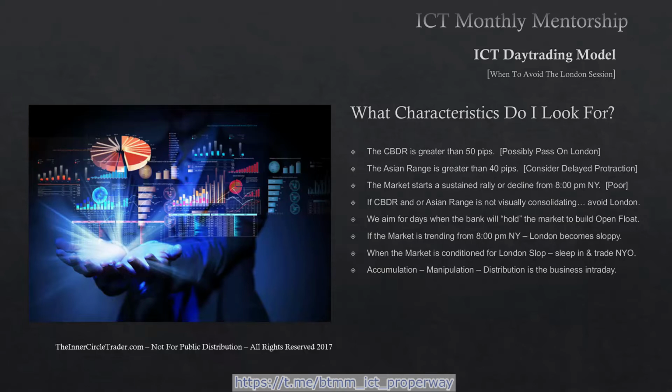We don't necessarily know how many orders are above and below these consolidations that we look for in the central bank dealers range and Asian range. But we know, based on our directional bias from the daily chart and 4-hour using the PD array matrix and the IPTA data ranges, where price will most likely draw to on the higher time frames.